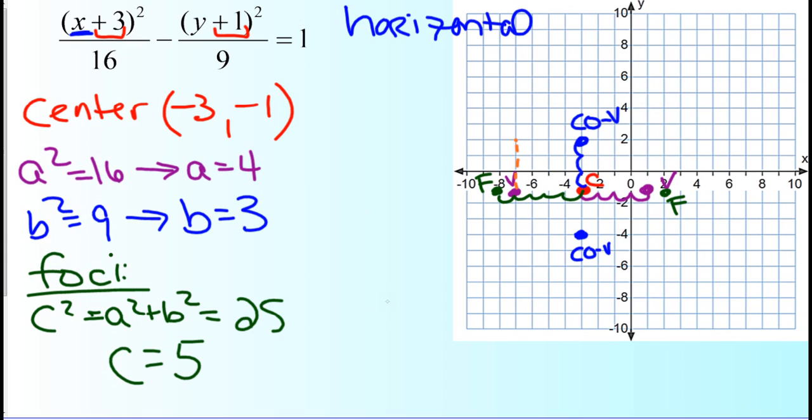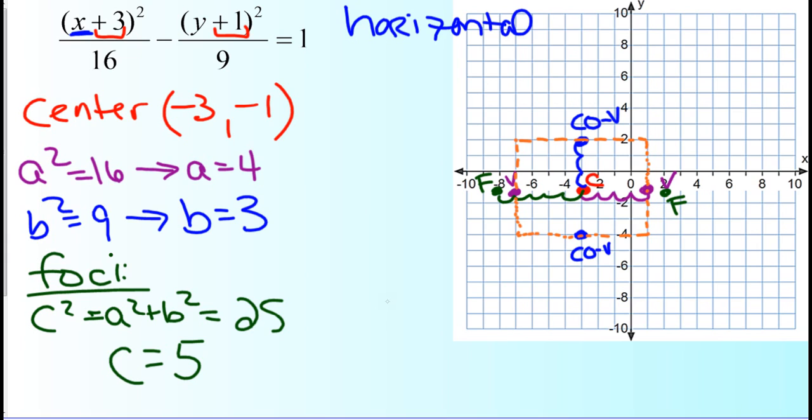I'm going to go as far up as the co-vertex is, and then make a 90-degree turn, go through the co-vertex, go as far over as the vertex is, make another 90-degree turn, and drop down. And then once I hit the line where the co-vertex is, head over.